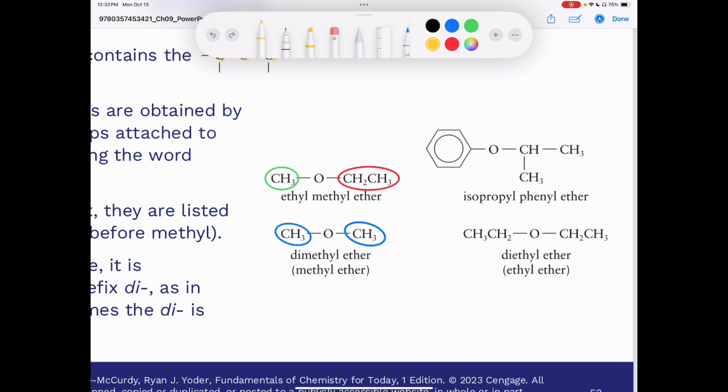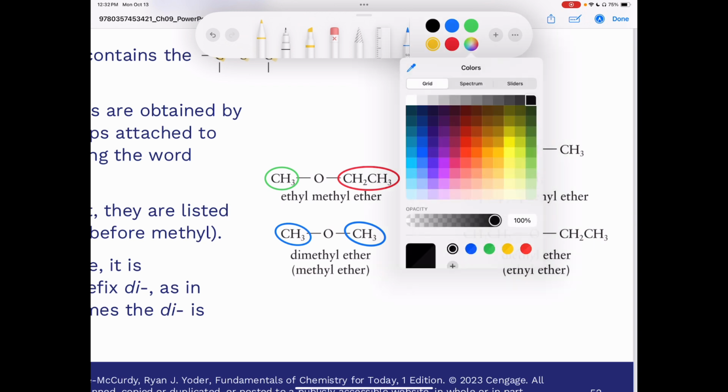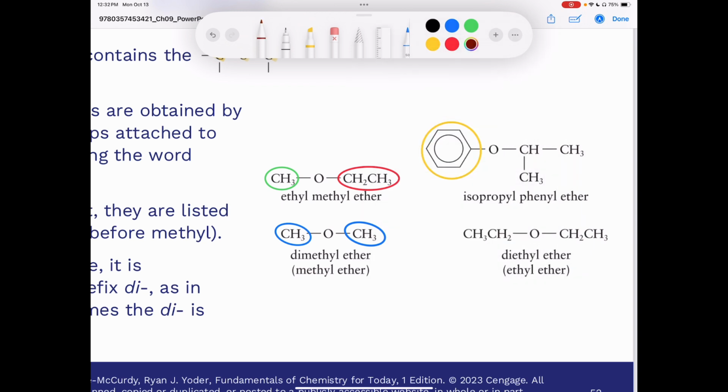Next one, we have a phenyl here, and then we have an isopropyl group here. Note that I comes before P, so we have isopropyl phenyl ether. And an ether that's pretty famous is down here, diethyl ether.